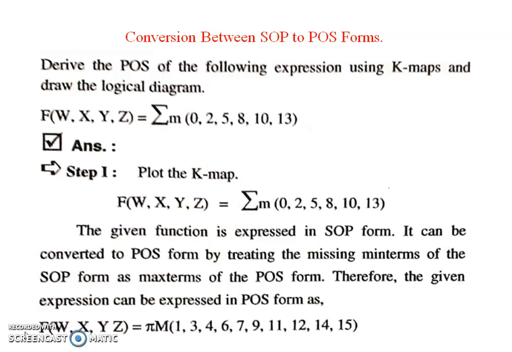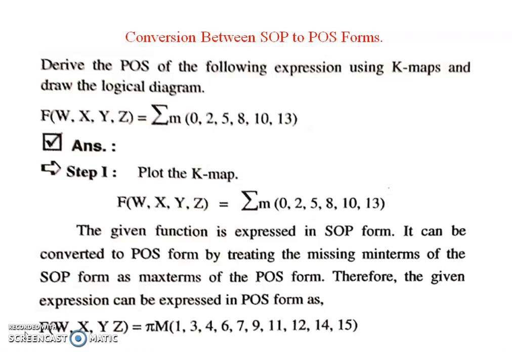Now in this case there are a total of 4 variables. So plot the K-map. First step, plot the K-map. The given function is expressed in sum of product form, and it can be converted to product of sum form by treating the missing minterms of the sum of product form as maxterms of the POS.